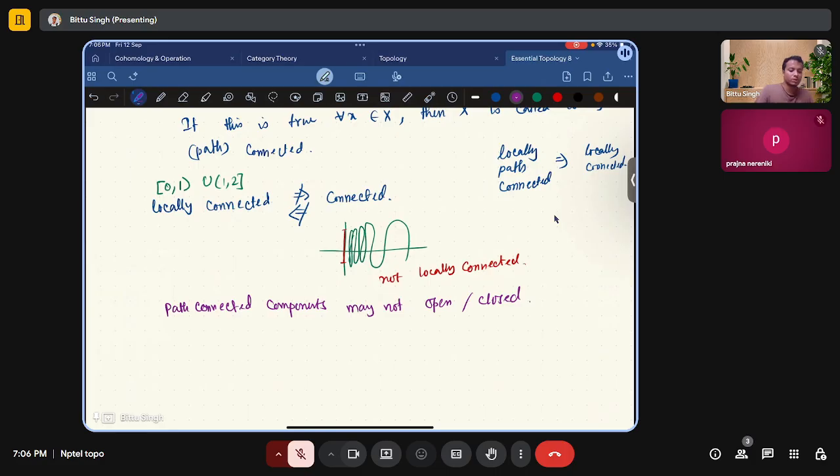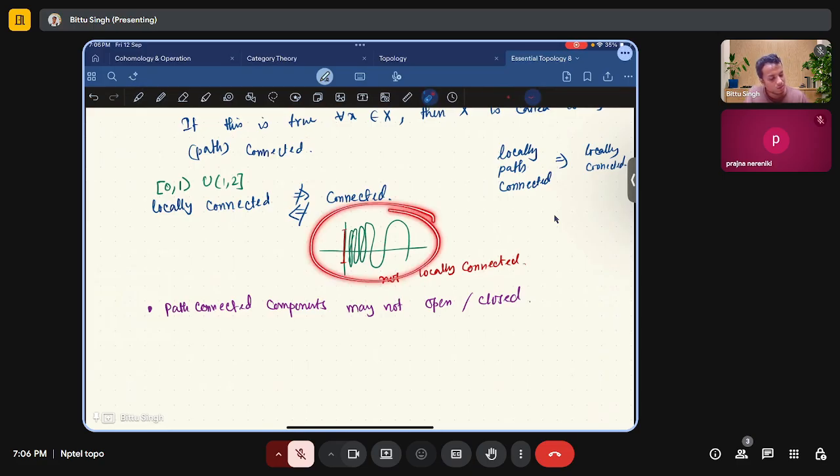Previously, we have seen that connected components are closed, and in a few cases connected components are also open, that is, if there are finitely many connected components. But a similar result is not true for path connected components.